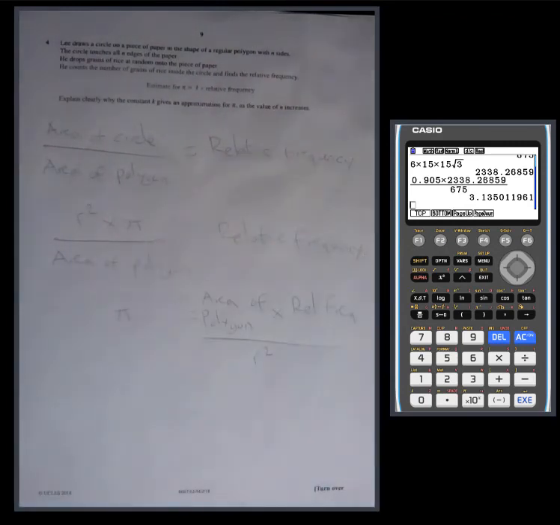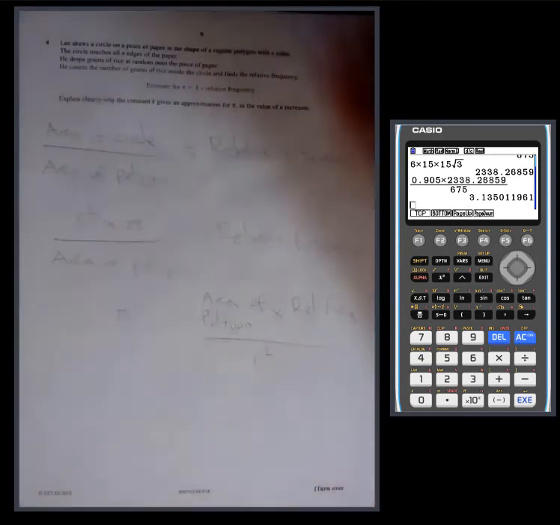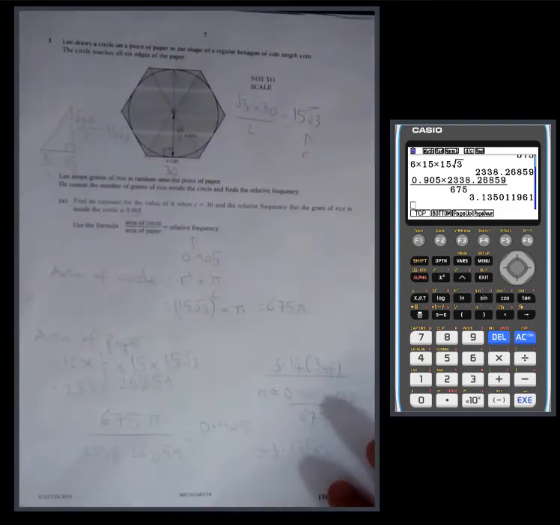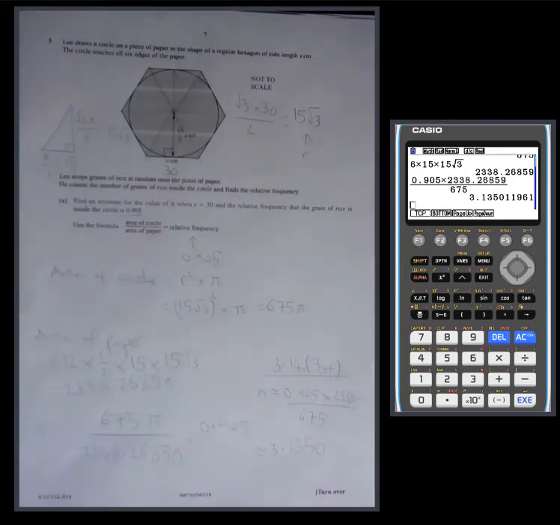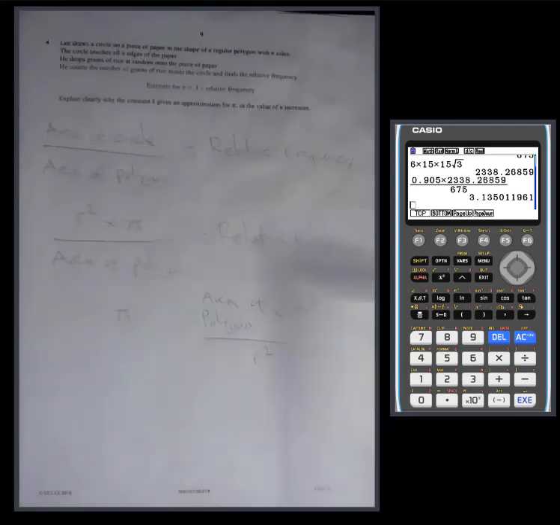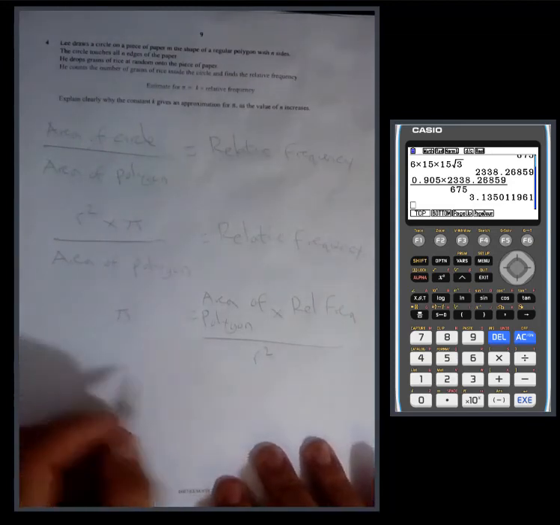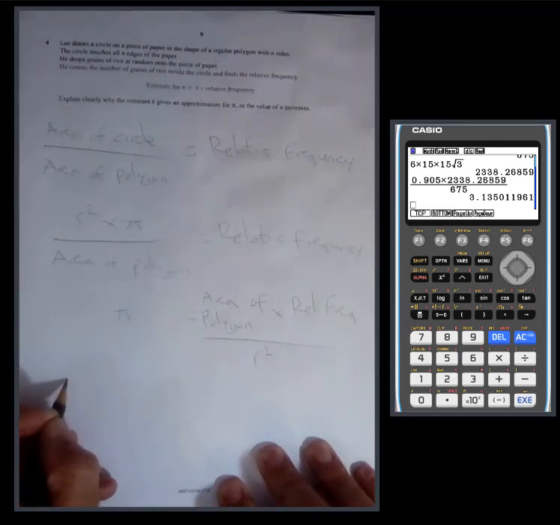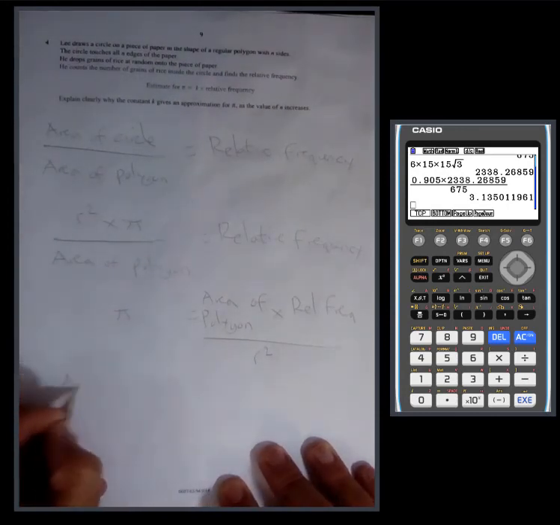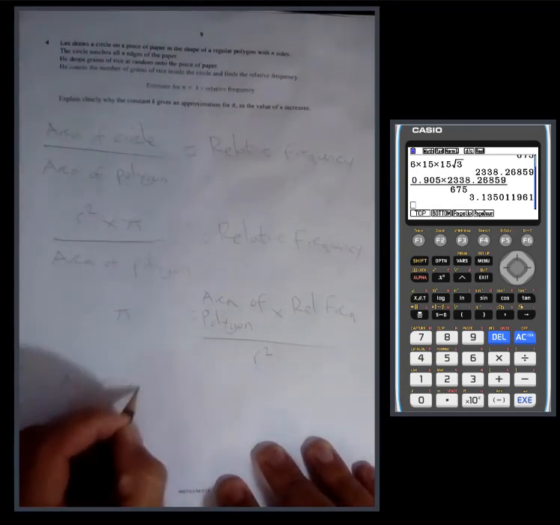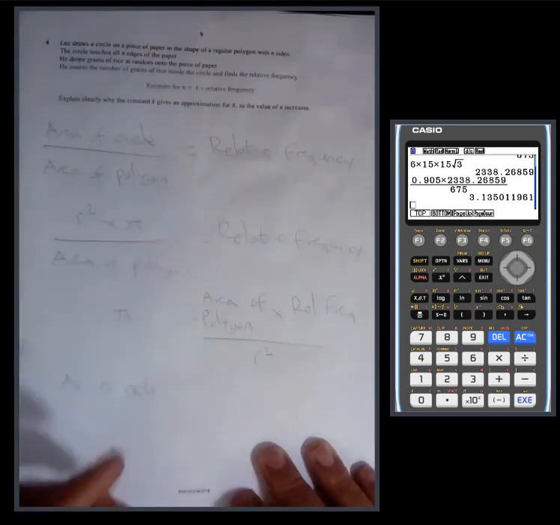Now, what you will find is, as we have more and more sides, what will happen? The relative frequency, as in the experimental probability that a grain of rice actually landed in the circle, will get closer and closer to 1, because nearly all of them will land in here. I'll write it really mathematically, but you could get away with just writing it in words.